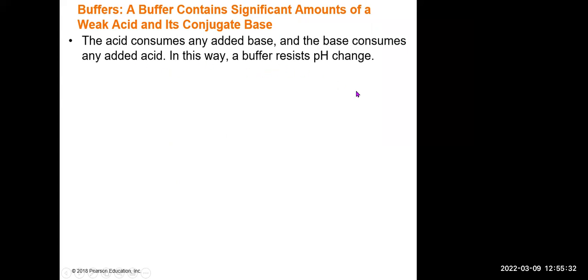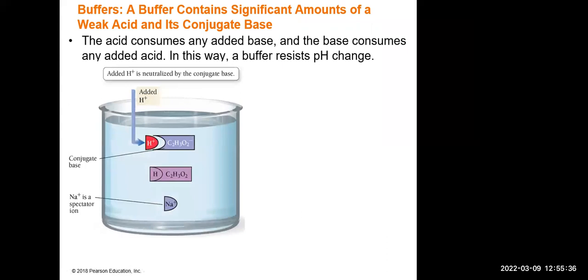In this way, the buffer resists pH change. They don't totally take them away. They just change, for example, a strong acid into a weak acid, or the added strong base into a weak base. So in that sense, you will not see too much pH change.